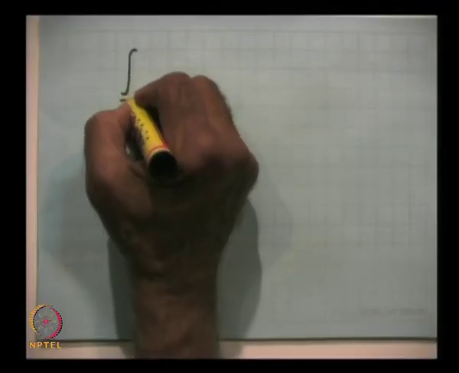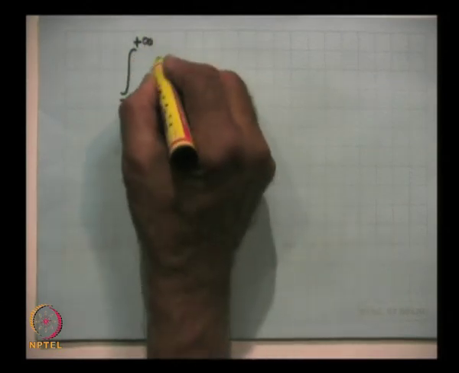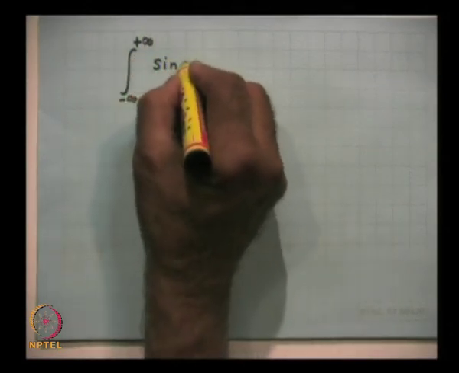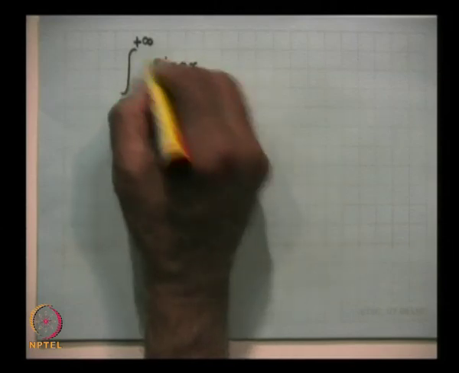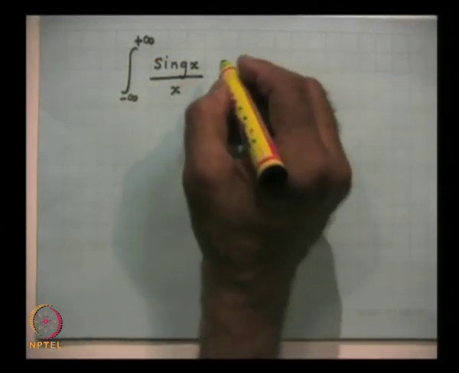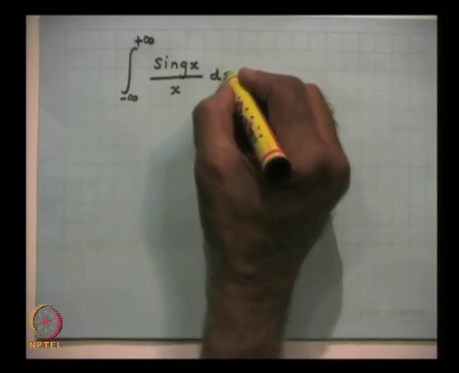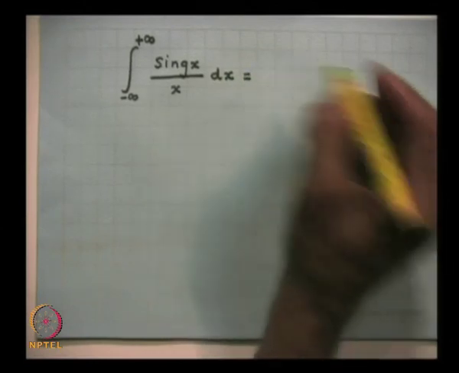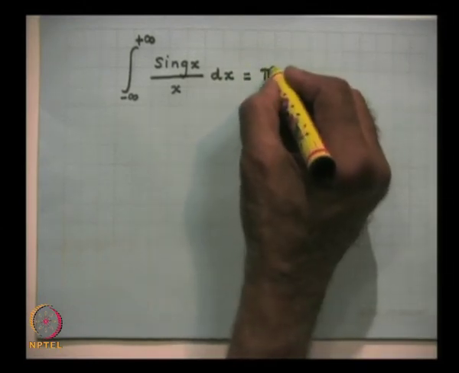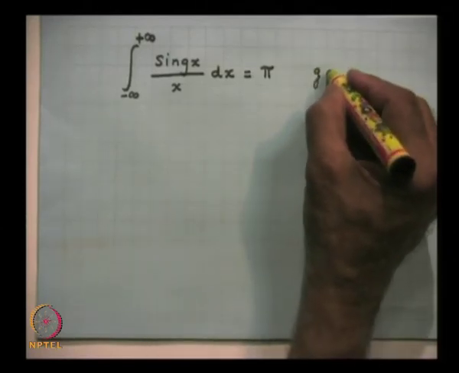There is a definite integral from minus infinity to plus infinity of sin g x divided by x. This is a sinc function, and this integral is equal to pi for any value of g. We assume g to be greater than 0.